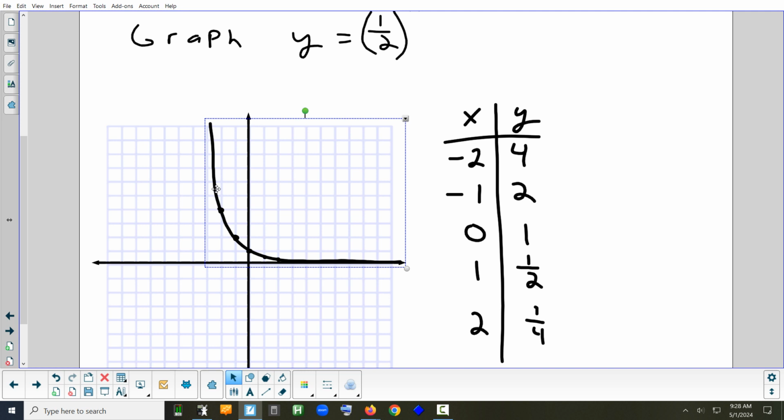I'll make that a different color so it stands out from the axis a little bit. But you can see what's happening. It's coming down, and it's getting closer and closer to the x-axis. Is that growth or decay? Decay. Yep, that's definitely decay.